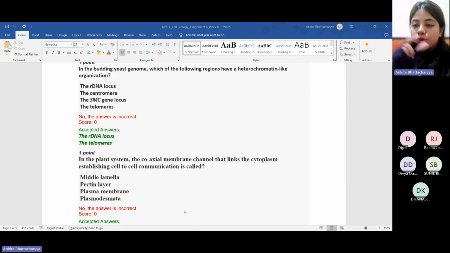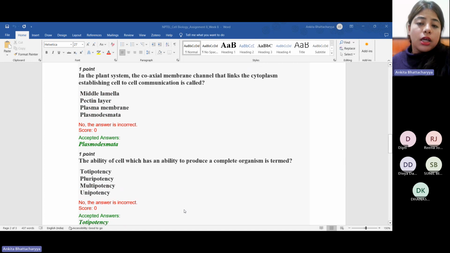And we saw the way in which those HML and HMR regions were silenced or heterochromatinized, whereas the MAT locus, which is at the center, was undergoing expression, and therefore during mating type switch there had to be a crossover event that allowed the other mating type gene to be incorporated within this region for it to be transcriptionally active. So the correct answer is both the rDNA locus as well as the telomeres.